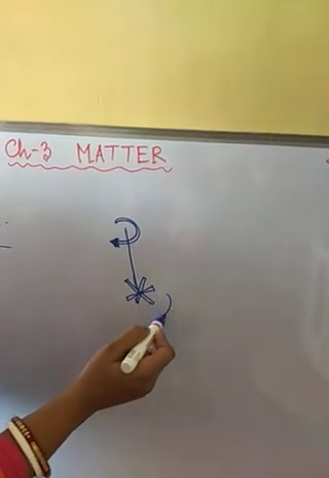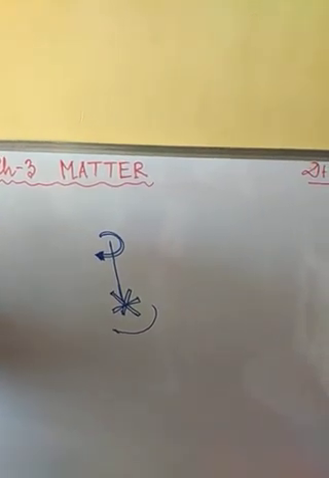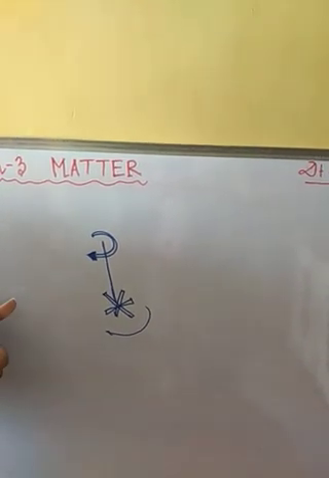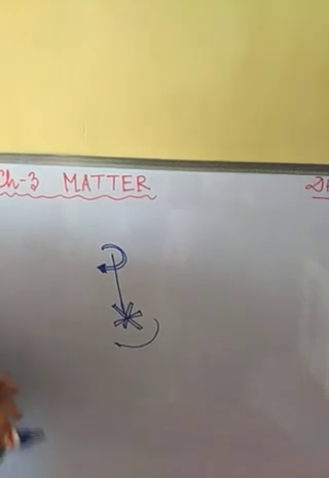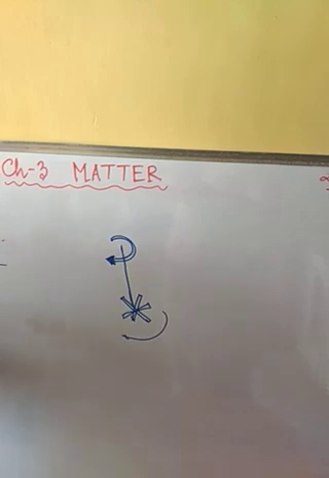The working principle of a churner is just like centrifugation. Here we will be separating cream from milk. We can separate the cream from milk with a churner, and this process is called centrifugation.